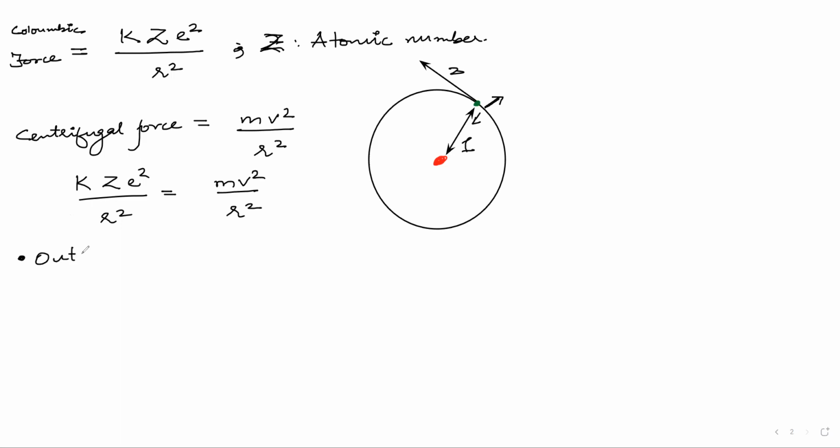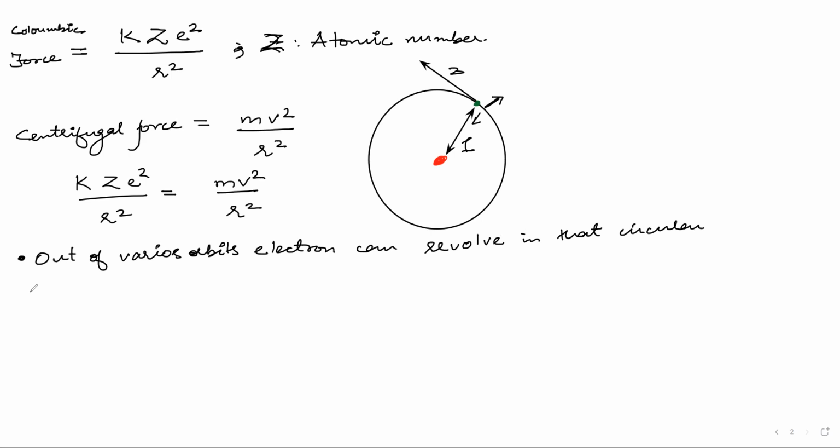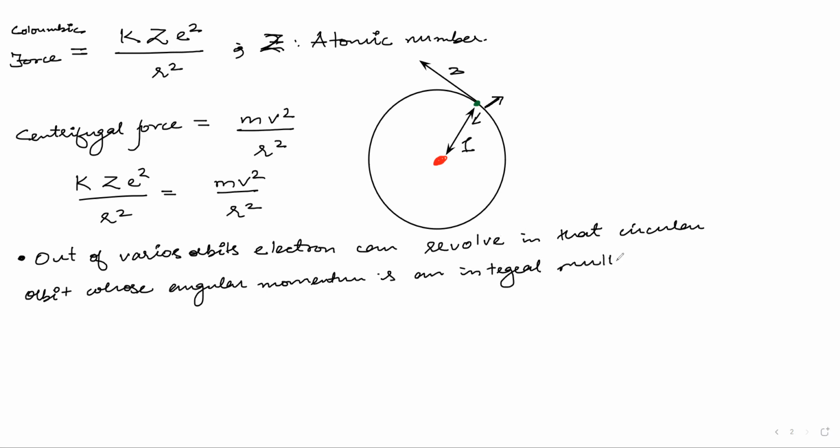Out of various orbits of electron, electron can revolve in that circular orbit whose angular momentum is an integral multiple of h upon 2 pi.